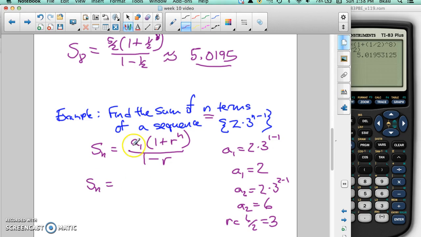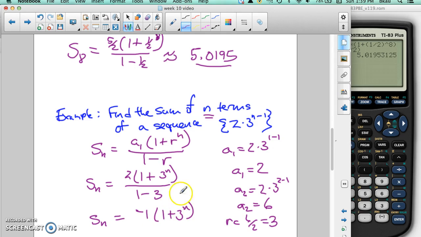So in writing the formula, I know a sub 1 is 2. I know r is 3. And I know what r is down here also. It's 3. So my s sub n term is going to be negative 1 times 1 plus 3 to the nth power. Okay, if I simplify this, this is going to be negative 2 on the bottom.